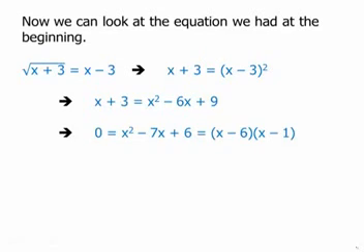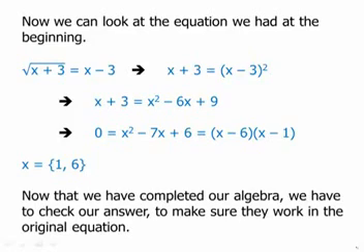We'll factor that. It's very easy to factor. And we get two roots, 1 and 6. Now normally with algebra you'd think, okay, we must be done. We found the value of x. But with radical equations we have to be careful. Do we know that both of these roots work? Maybe they both do, or maybe one of them is an extraneous root.